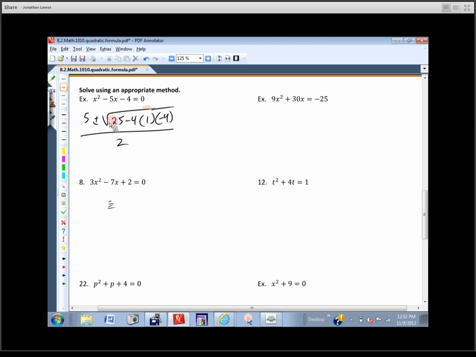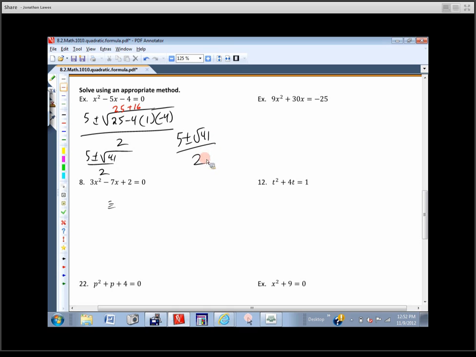Please do everyone a favor, including yourself, if you want to get a good test score. This is 25. Am I adding or subtracting? I'm going to be adding. I'm going to be adding 16. So this is 5 plus or minus radical what? 41 all over 2.